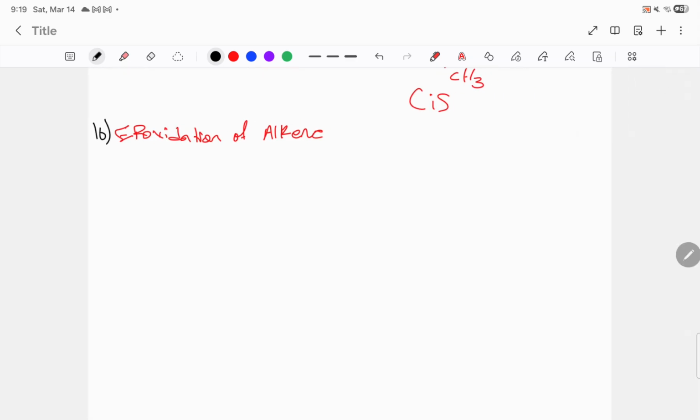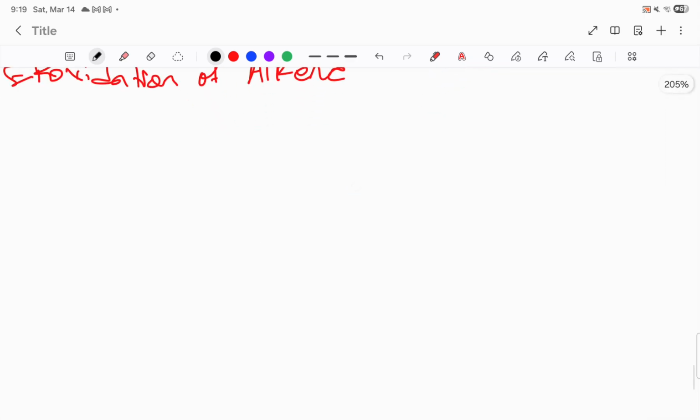If I have an alkene such as this alkene right here, I can react this alkene with something called a peroxy acid in dichloromethane, and that gets me an epoxide.